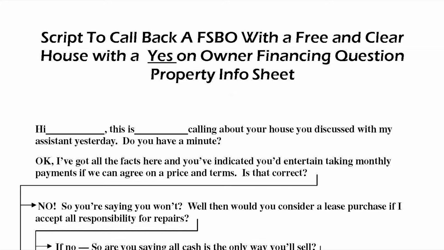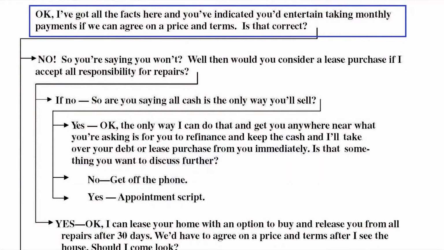Okay, so if your VA has gotten the answers on the property information sheet for you, then you use this script word for word. If you're the one collecting the front end information from the seller, then you will eliminate the first paragraph of my script, and you will start with, okay, well listen, I've got all the facts here now that I need.